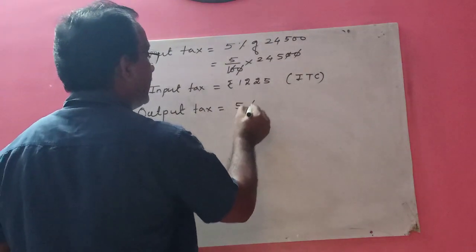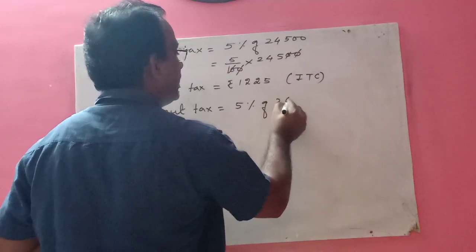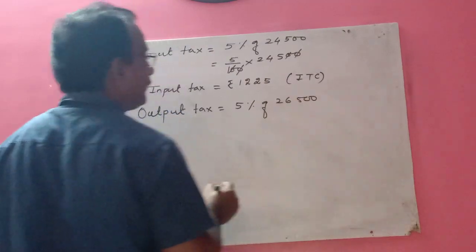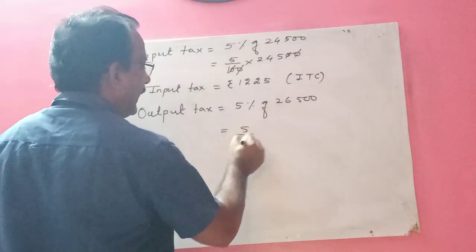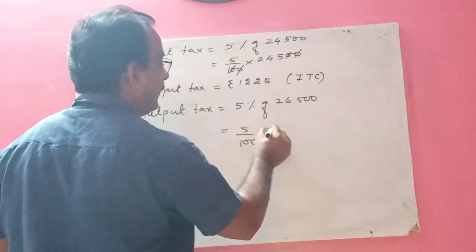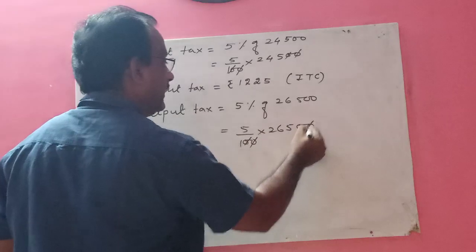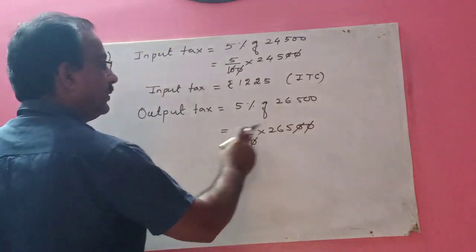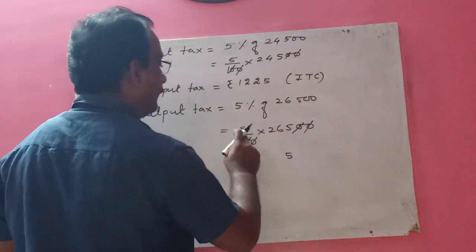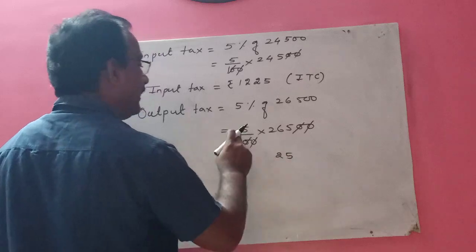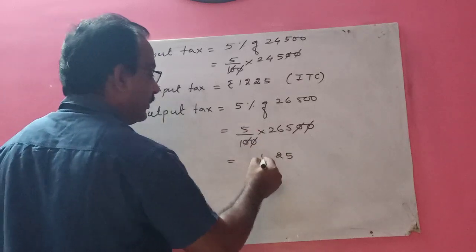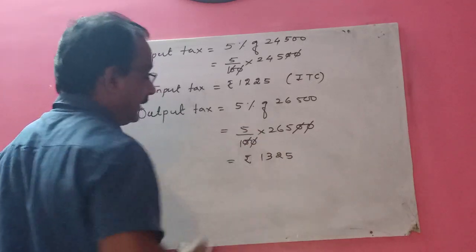So 5% of 26,500, which means 5 upon 100 multiplied by 26,500. These two get cancelled. Multiply here also. 5 5s are 25, 5 6s are 30, 32, 5 2s are 10 and 3. So this is the output tax.